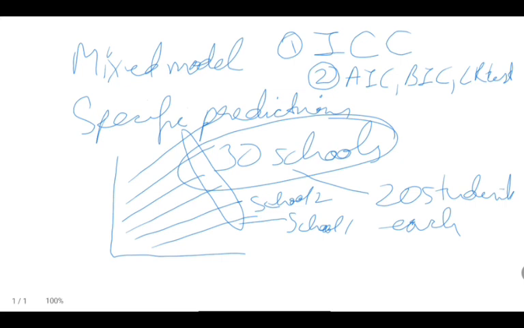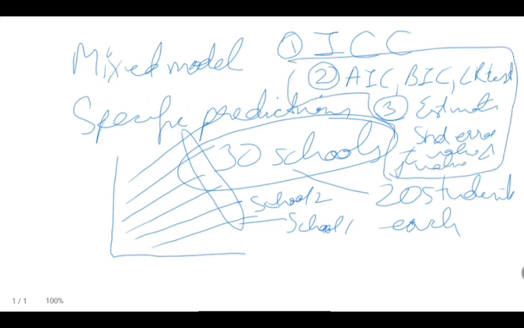And then we also report the estimates, standard errors, t values, and p values for the final model parameters. So for the final model which we have selected, we report all this in the findings.